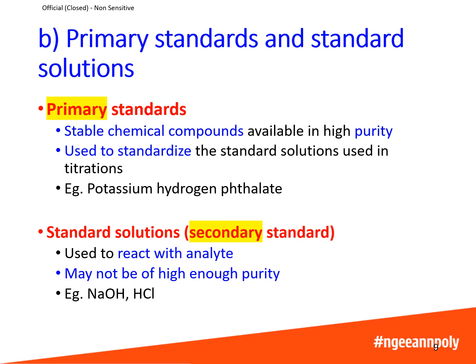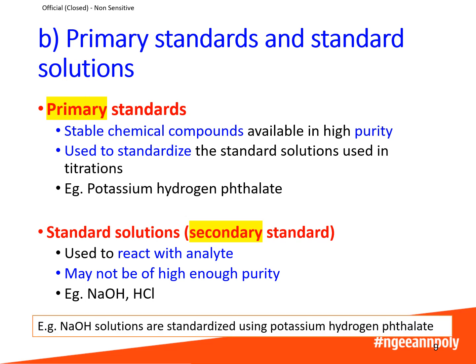What is the difference between primary and secondary standards? Primary standards are available in very high purity. We also seldom use primary standards for titration. Instead, we use primary standards to prepare the standard solutions to be used in titration. For example, sodium hydroxide or NaOH tends to absorb moisture and carbon dioxide from the atmosphere, and this changes its concentration.